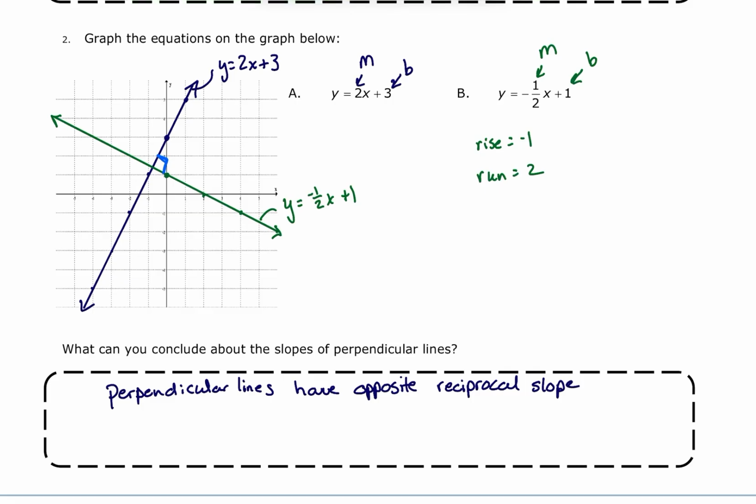In other words, you notice our slope was 2 for our first equation, and our slope was -1/2 for our second equation.